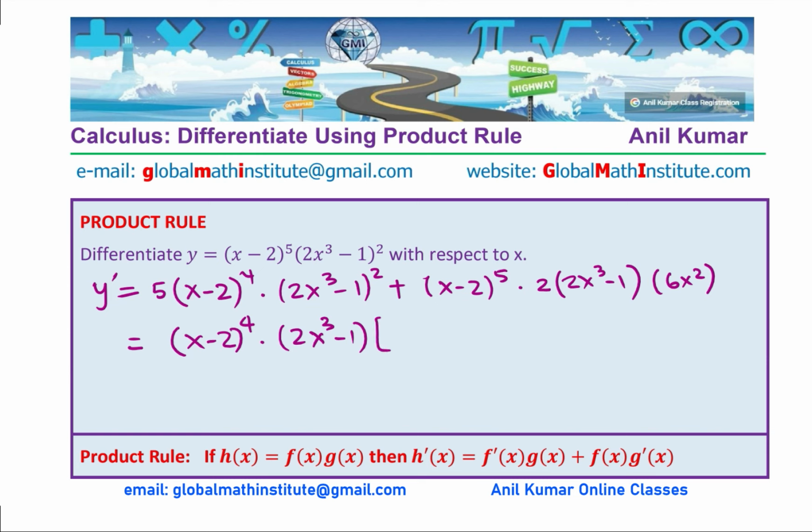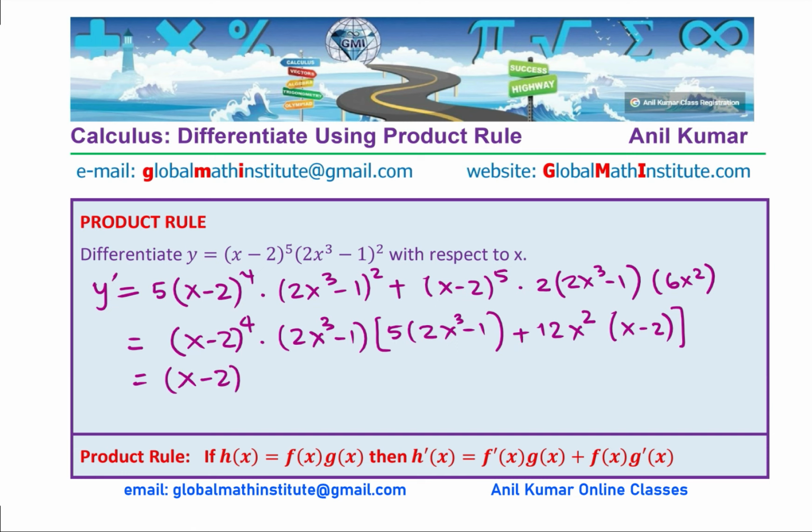So we can write here 5 times (2x cubed minus 1). And on this side, we have 6 times 2 is 12x squared times (x minus 2) as common, right? So you can expand and simplify this now.